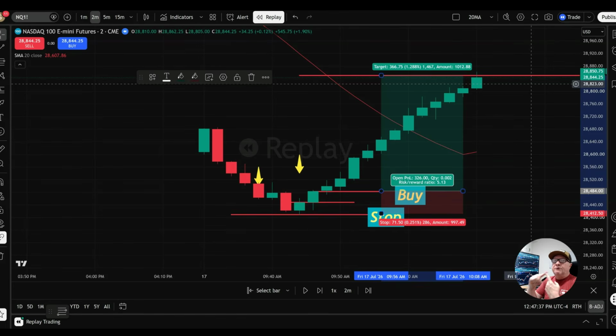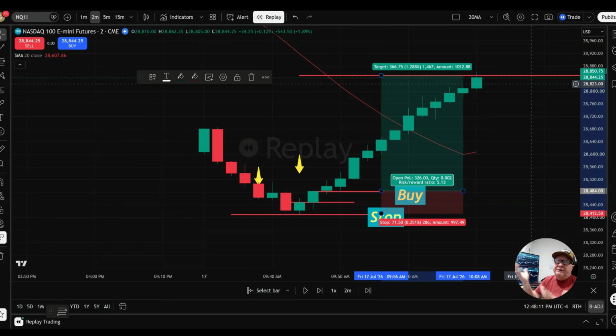I'm looking for a strong move lower on the 2-minute chart because that's the chart I'm trading off of the majority of the time. I'm switching to the 1-minute chart when I see that move lower. I'm buying when green closes above red on the 1-minute chart. I then move to a 5-minute chart to figure out where my first target is.